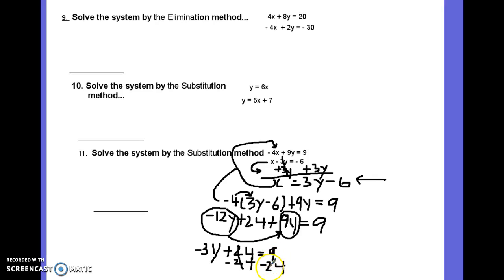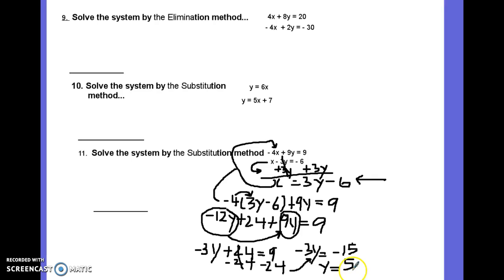And then positive 9 with a negative 24 gives me negative 15 on the right side. I still have my negative 3y on the left. So negative 3y equals negative 15, and you know what I'm going to do now. I'm going to divide both sides by negative 3, and when I do, I'm going to have y is equal to 5. And I think this is where Marley got to on the bell, right?